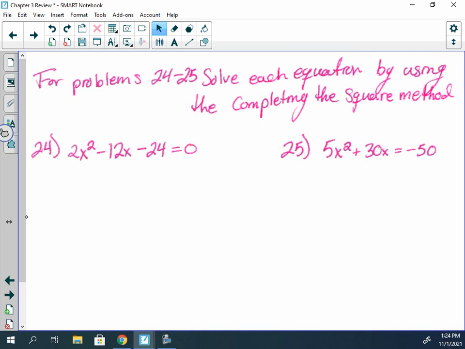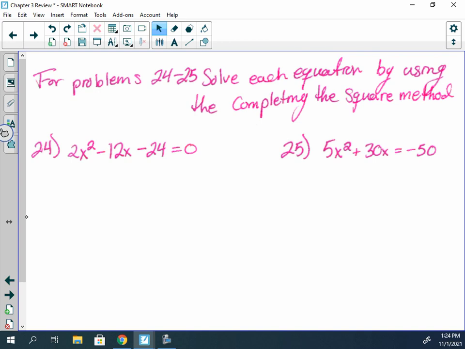Yes, 25. So the second step, because this one here, the instructions say solve each equation by using the completing the square method. This is telling us that we have to use completing the square on these. There are certain problems on the test that will ask for a specific method.